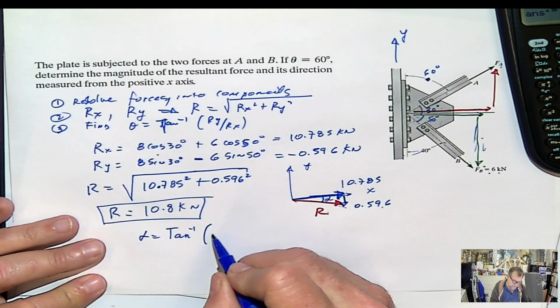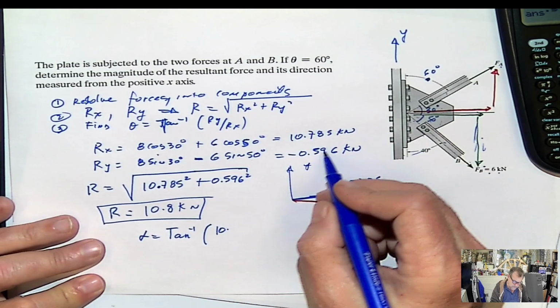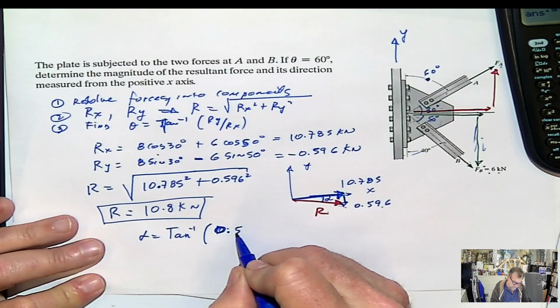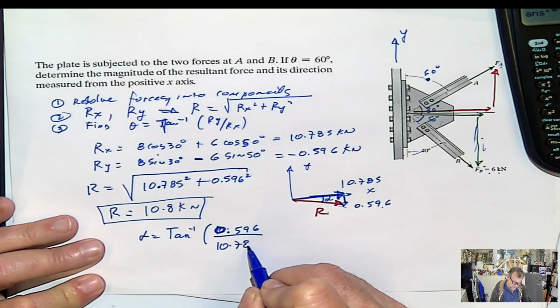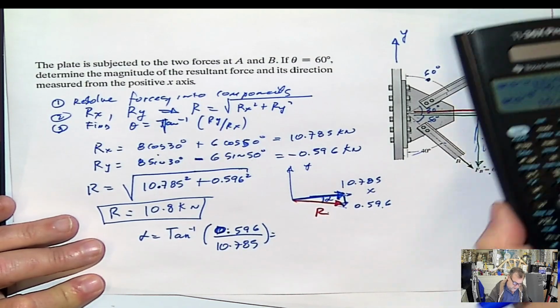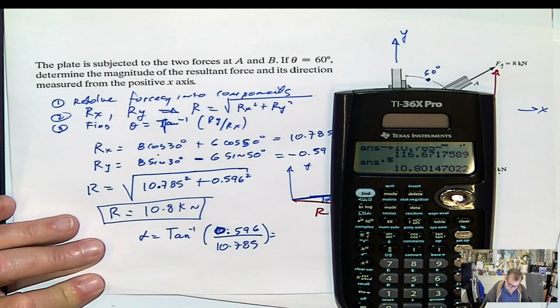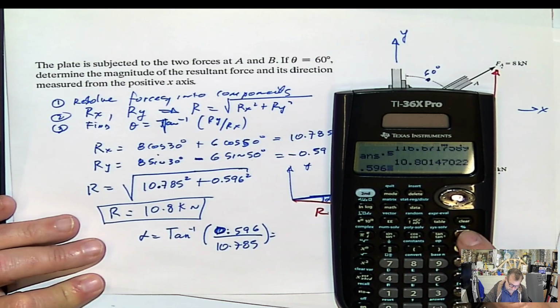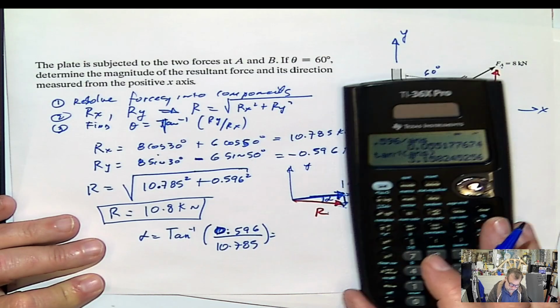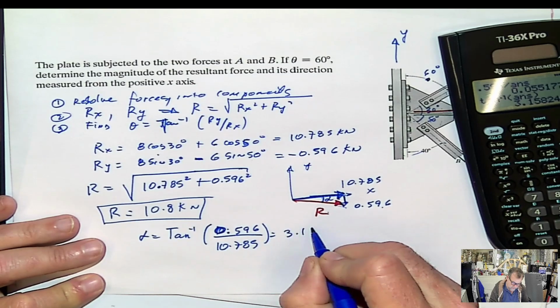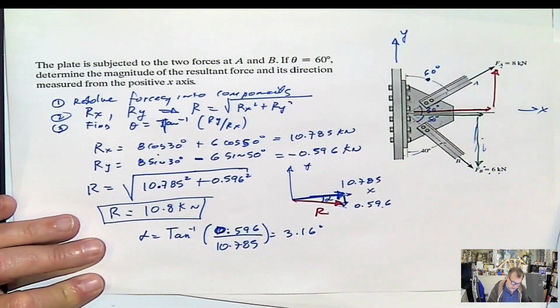So 0.596, that's y, divided by 10.785, inverse tangent of that answer is 3.16 degrees. Now, this angle is 3.16 degrees.